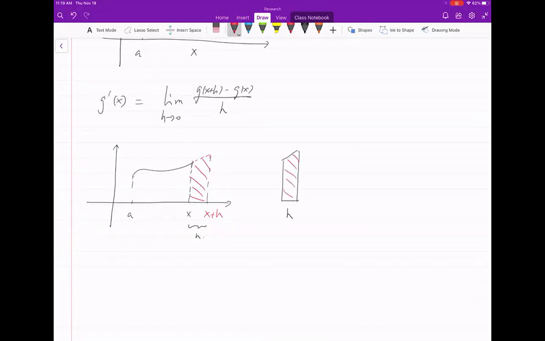So what do you want? You want this area, which is Gx plus H minus Gx, divided by this H. Moreover, you want H goes to 0. Actually, it's going to be more like this. It's still area. It's very small, but it's still area divided by H. Then can you see that?